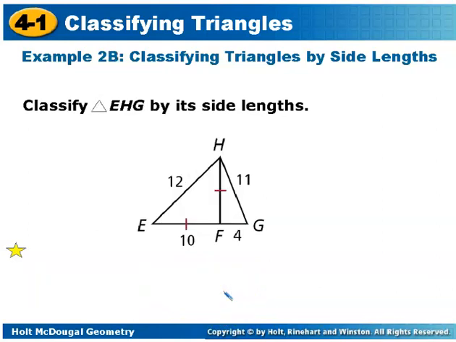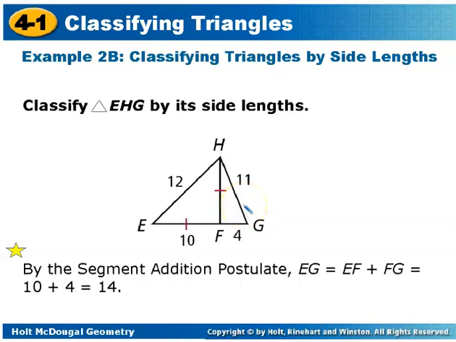Let's try to classify this one. EHG. So EHG is this big triangle on the outside. I'm not going to draw around it because the last time I didn't draw very well. So let's think about what we know. We know the side lengths straight up for these two. They're just labeled as 12 and 11. Now the last side we don't know, but we know measurements for both of its parts. So if I use the segment addition postulate, I can calculate what the length of that side is.